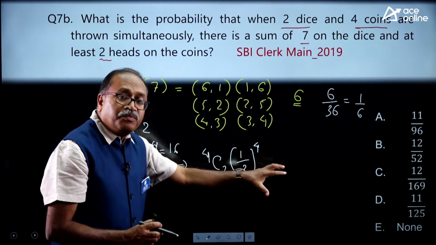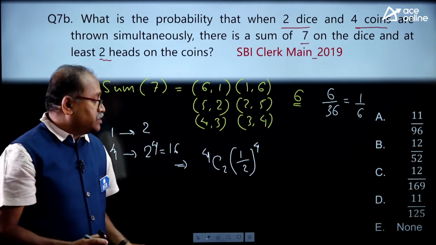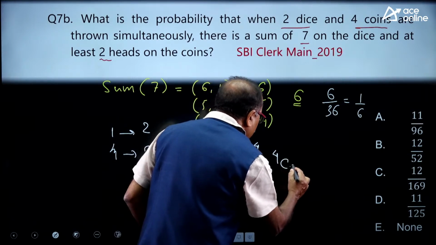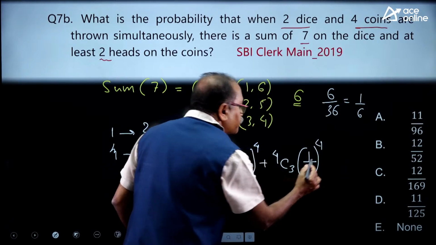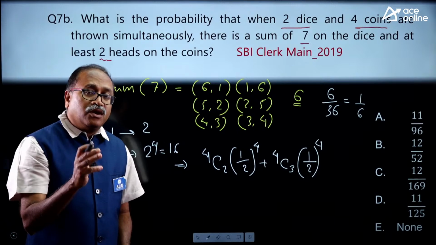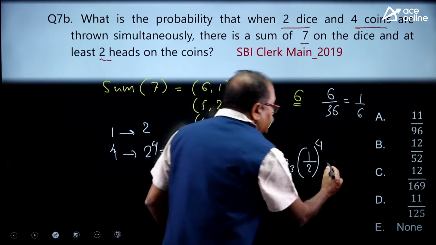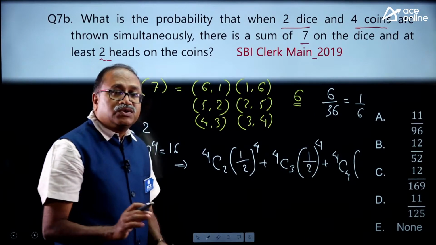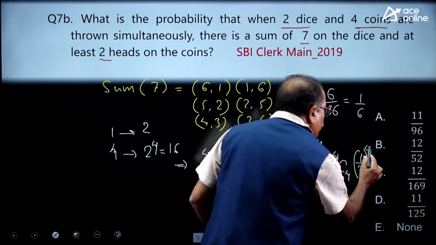The same way, plus 4C3 times 1 by 2 to the whole power 4. And one more possibility is that all 4 are heads, that is 4C4 times 1 by 2 to the whole power 4.